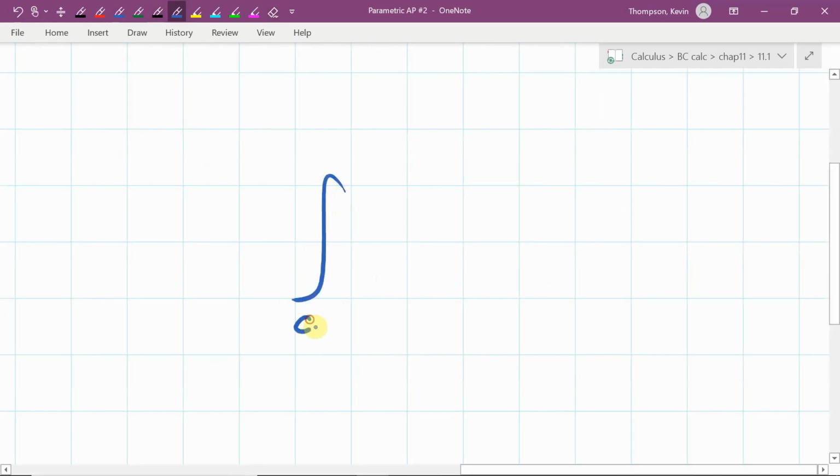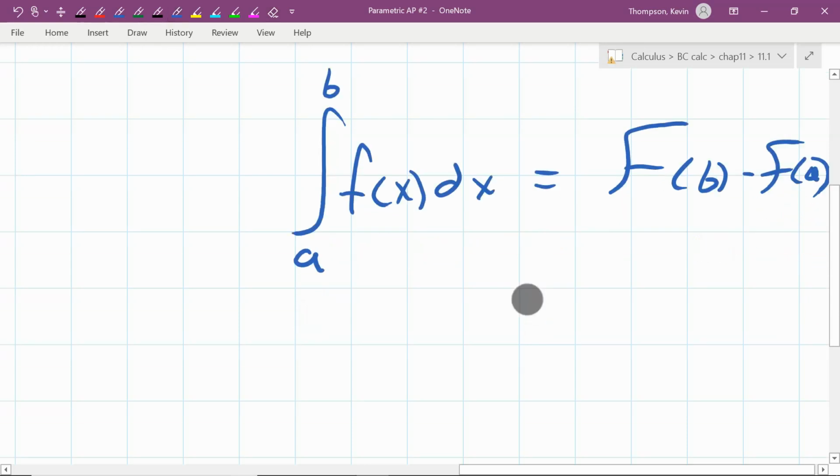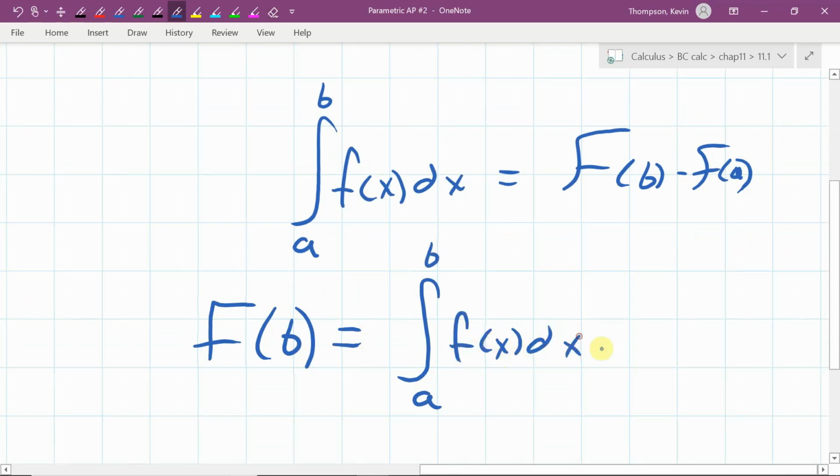When we thought about the fundamental theorem of calculus, because that's really what this question is, it was antiderivative at the upper limit minus antiderivative at the lower limit. Then we rearrange this to write the antiderivative. The antiderivative really must be the integral from a to b of the function plus the antiderivative at a.